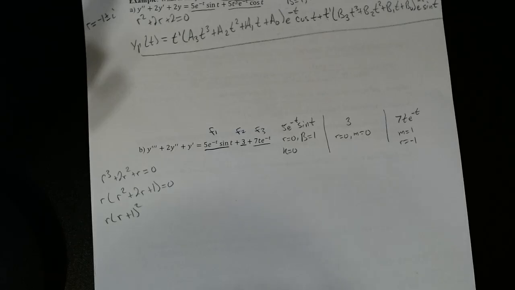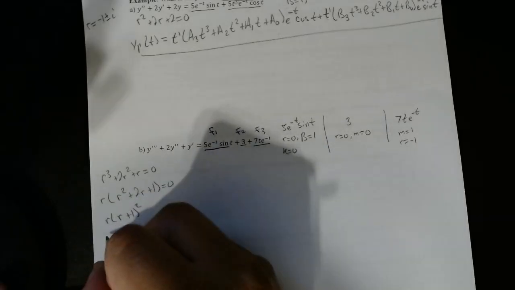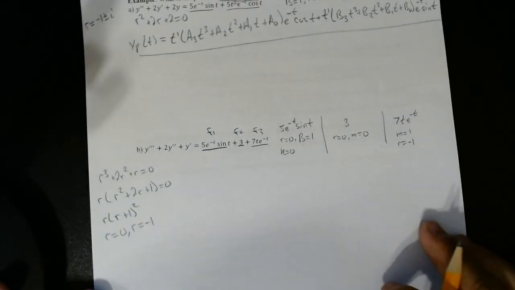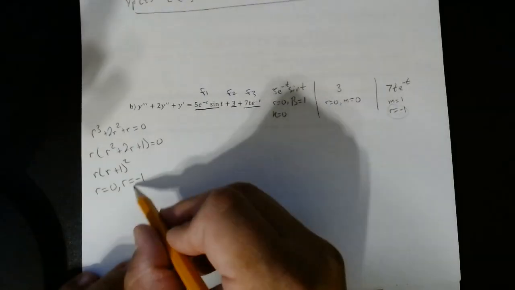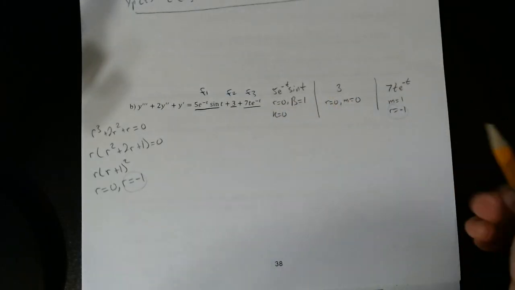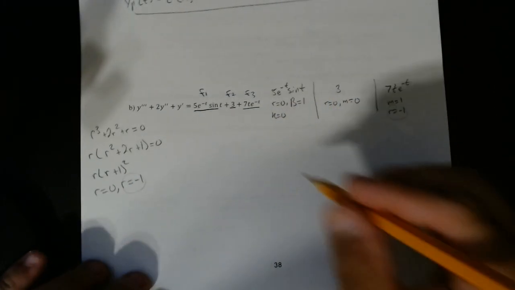We get a duplicate. So we get R is equal to 0 and R is equal to negative 1, which is going to be useful right here and actually there. Okay. All right, so again, we're just going to do each one individually.